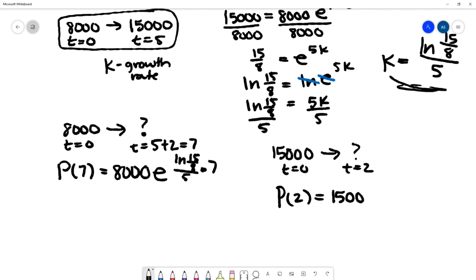We started off with 15,000, e to the k, natural log of 15 over 8 over 5 times 2. So we're going to be able to type both of these into the calculator and you're going to get the same answer.